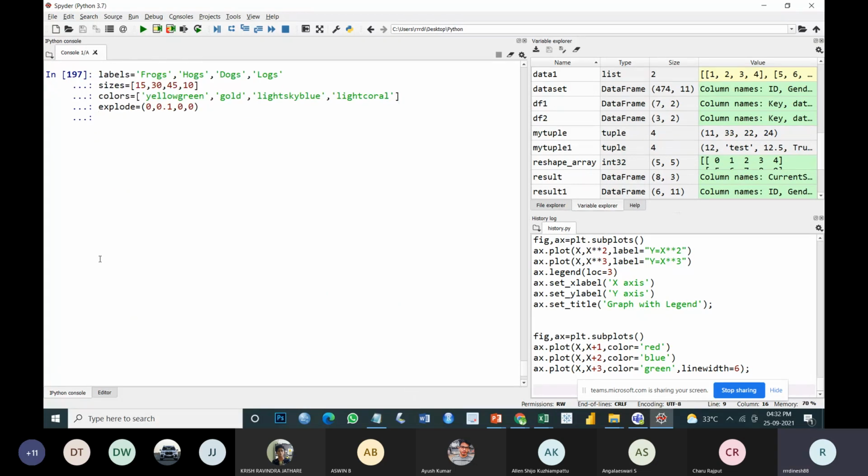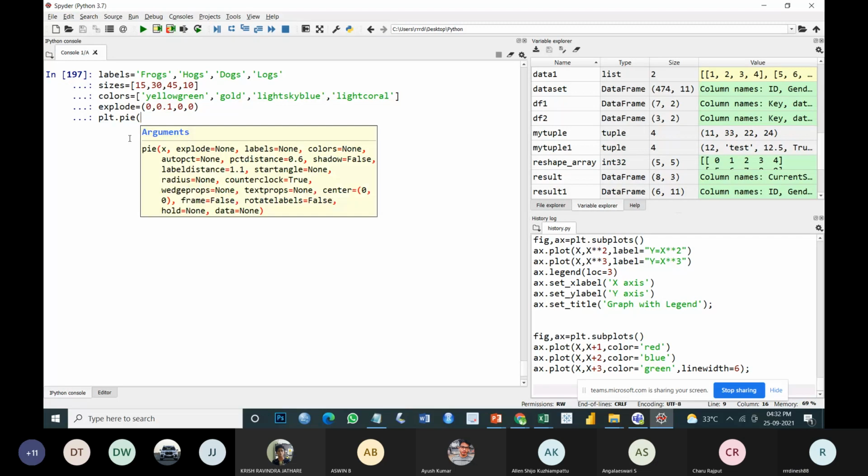So here labels equal to frogs, hogs, dogs, and logs. Sizes, colors, explode. Then we can draw the pie chart. plt dot pie of sizes, comma.